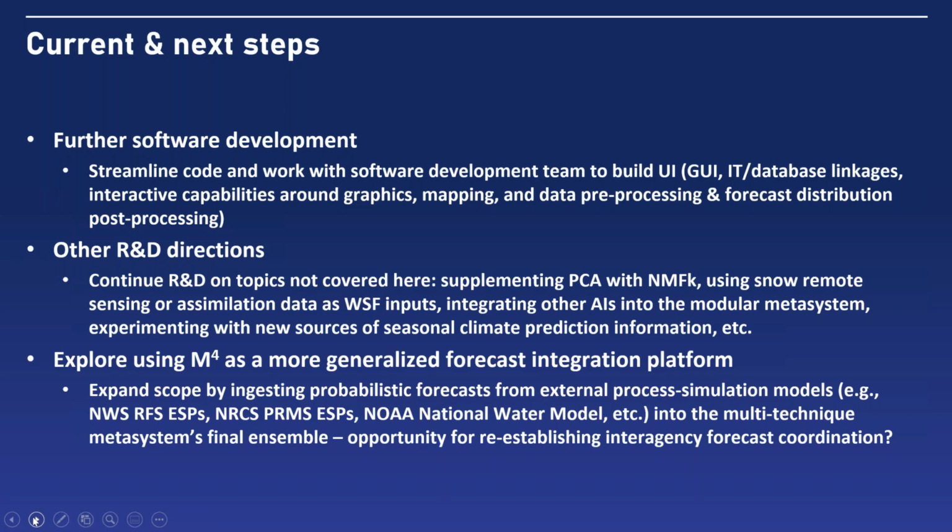Really interested in looking at using snow remote sensing or data assimilation data as inputs. The whole thing is built to be modular, so we can integrate other AIs into it. That's something I'm definitely looking to do. Experimenting with new sources of seasonal climate prediction information, for example, seasonal numerical climate models or climate indices.